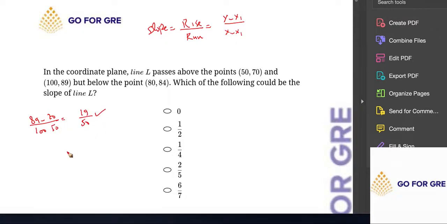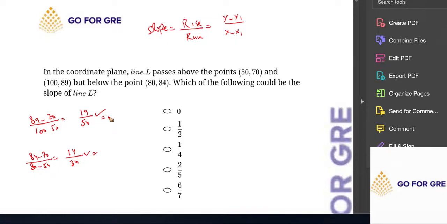This is one slope. And second, from (50, 70) to (80, 84): 84 minus 70 over 80 minus 50, so it is 14 over 30.